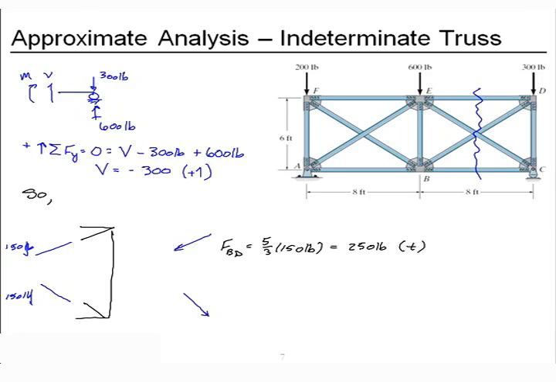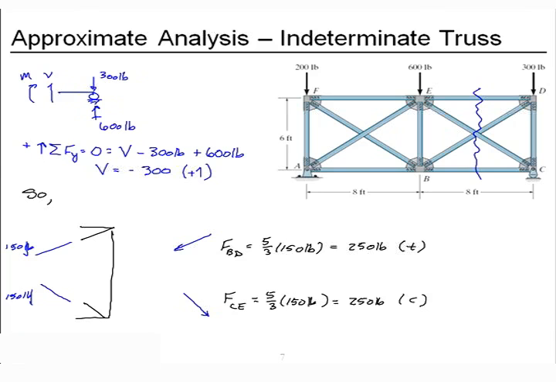And we look at our other diagonal, force in member CE, and that will be 5/3 times 150 pounds. 250 pounds. This one's in compression.